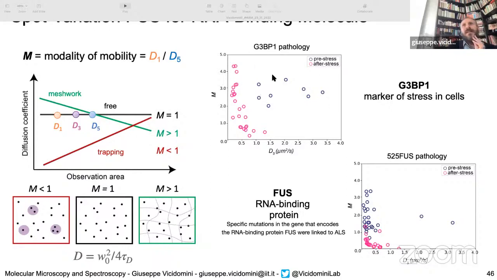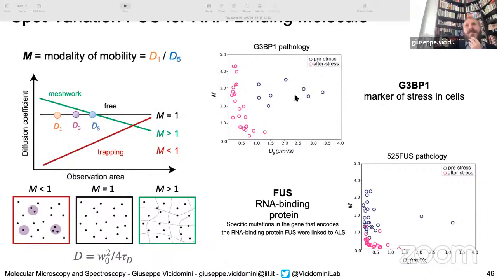This graph here on the right side plots this diffusion law in a slightly different way, because we introduce this parameter that is called modality of mobility, which is simply the relation between the diffusion coefficient at the smallest observation area with respect to the diffusion coefficient at the biggest observation area.